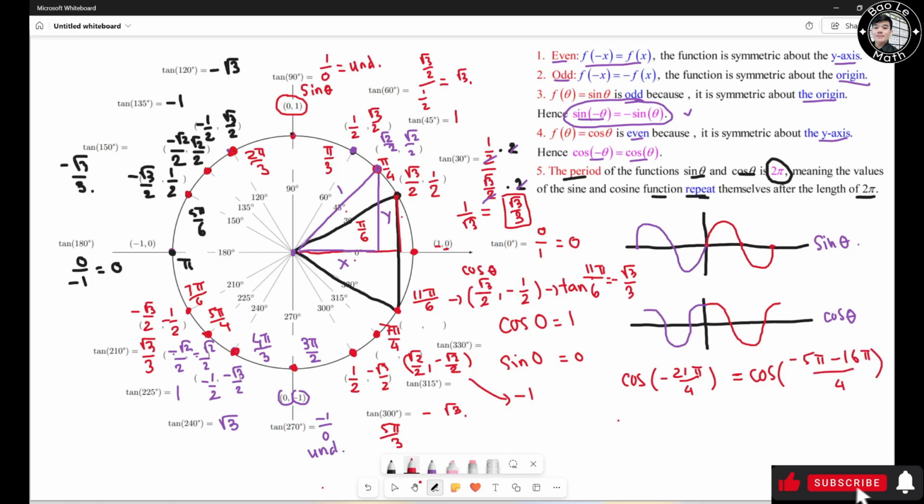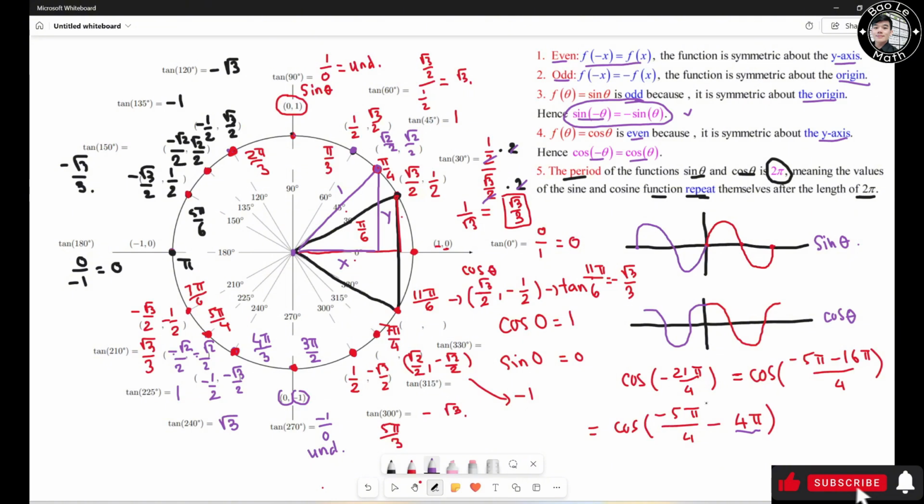Then this is cosine of negative 5 pi over 4, minus negative 16 pi over 4, which is negative 4 pi. Negative 4 pi is a multiple of 2 pi, so we just ignore it.